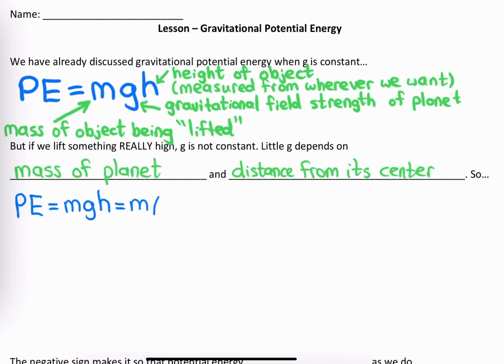So little g can be calculated as big G m over r squared. So this is the exact same formula I just had. Here's my m, here's my h, but in place of little g, I've put the formula for calculating little g.